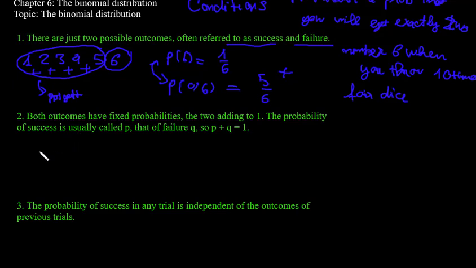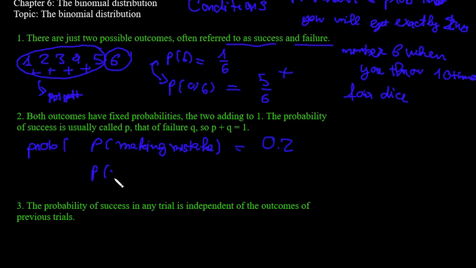Let me take another example. The probability that you make a mistake equals 0.2.